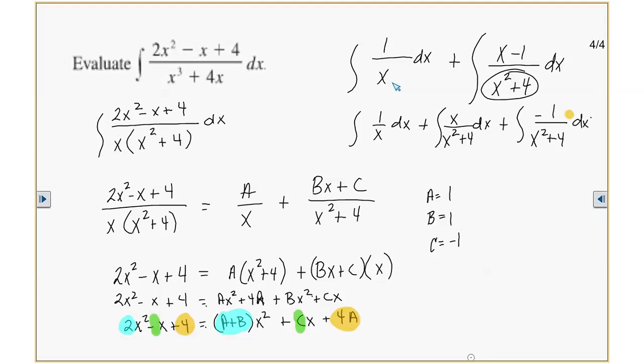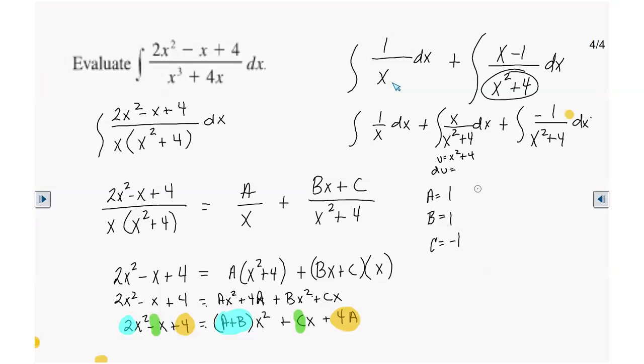Now you should be able to finish it. Now I'll tell you right now that last one is going to be the inverse tangent. I'll just go ahead and tell you that. Because remember, you recognize the X squared plus 4? The reason you have to use the tangent is because right here, U is equal to X squared plus 4. du is equal to what? 2x dx.